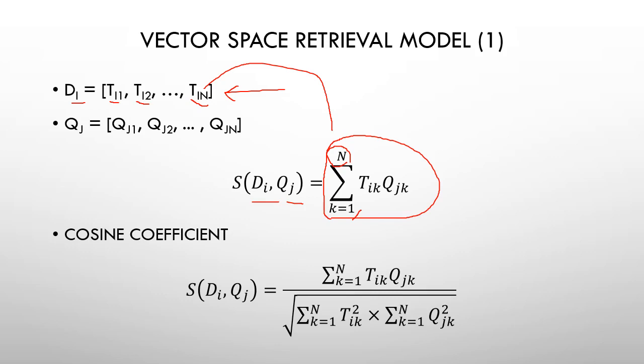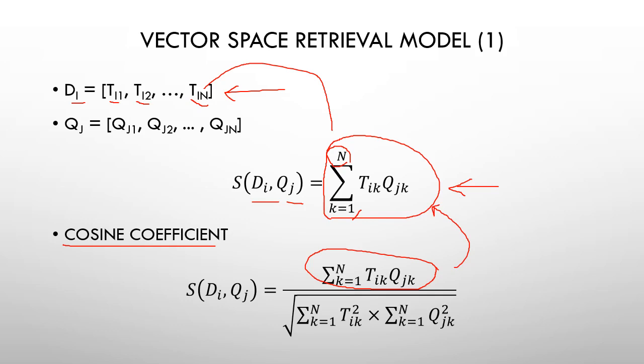Okay, now the problem with this measure is that the number is unbounded. So for that reason, we use the cosine coefficient, where basically the numerator of the equation is the same expression as before.